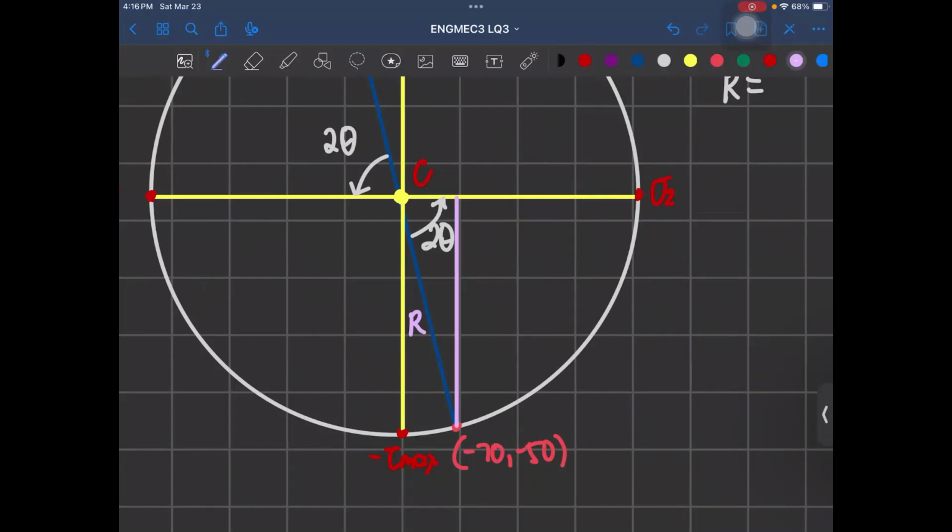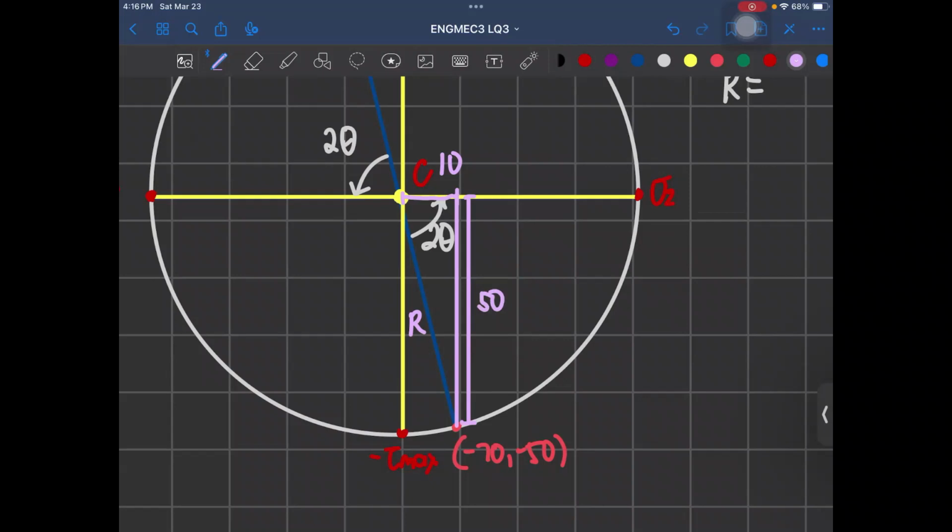Then the distance from here to here is -80 to -70, which is just 10. We also know the distance here actually, which is equal to 50.